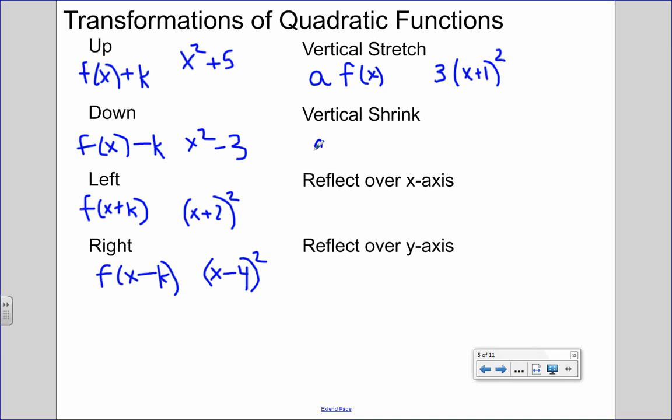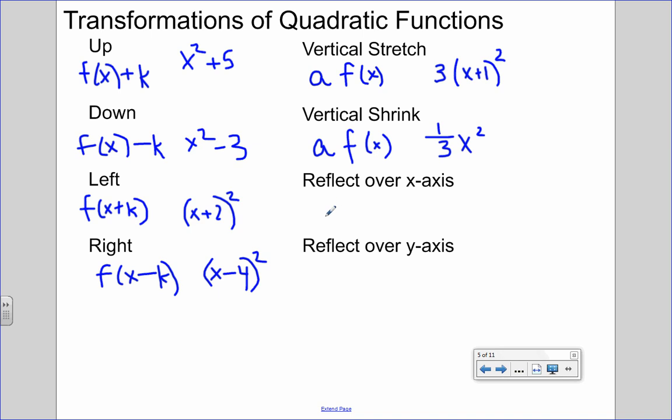Vertical shrink, same idea, but your a value is between 0 and 1, less than 1. So that might look like this. Boom. That would vertically shrink. That means it widens. All of those y values decrease by a factor of 3.